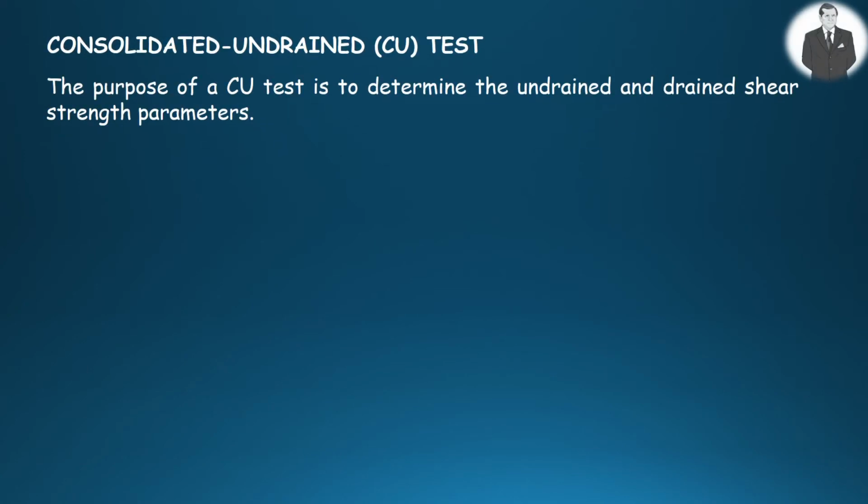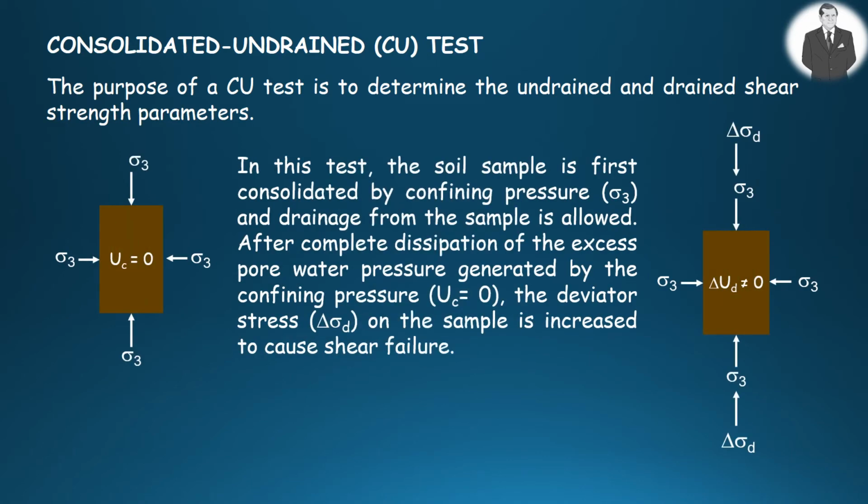The aim of consolidated undrained triaxial test is to determine the undrained and drained shear strength parameters of soil. In these tests, the soil sample is first consolidated by confining pressure, and drainage from the sample is permitted.